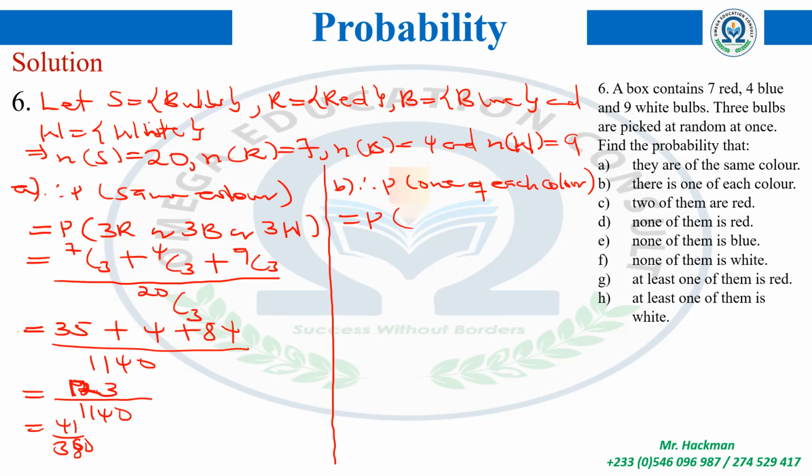One red, and one blue, and one white. Is that clear now?